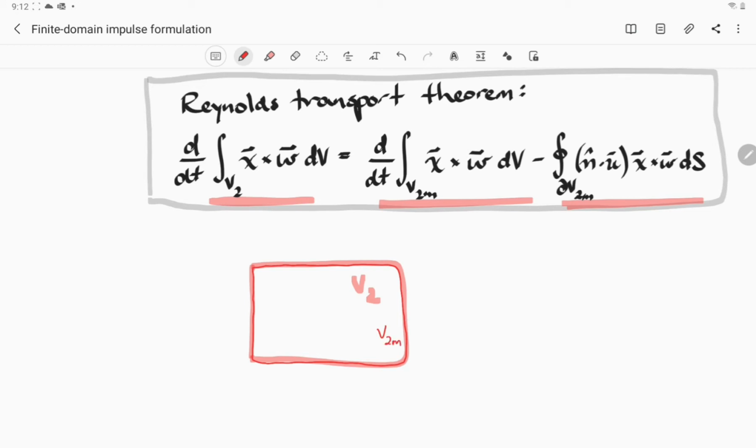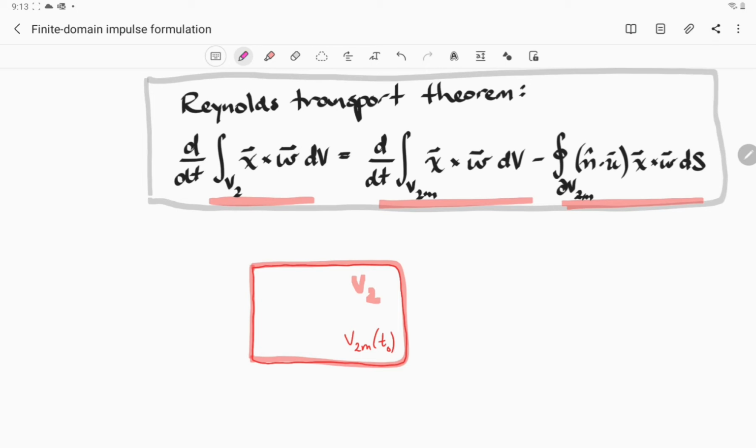So we'll call that V2m at time t0. Then at a later instant in time, we're going to be following that same material volume, which will have moved relative to the static volume.